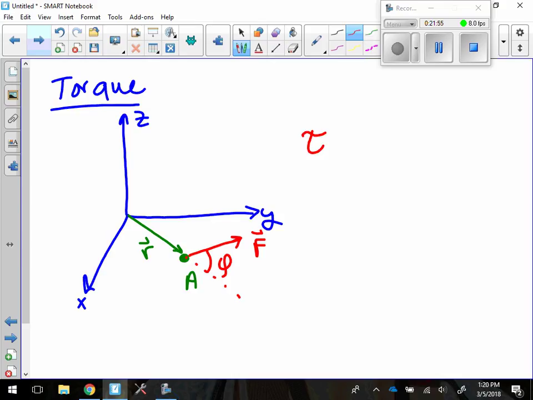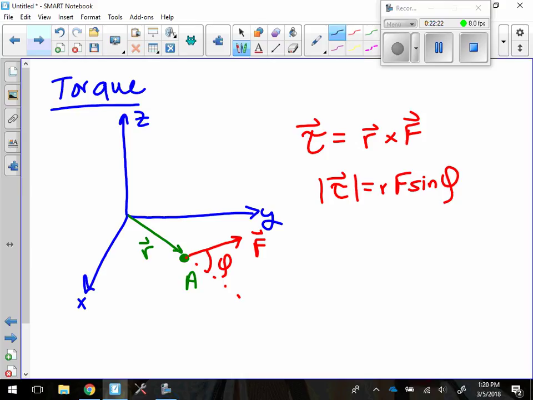And we're going to say that that torque is going to be equal to r cross F. You can still write the magnitude as rF sine phi if it makes you happy, and sometimes it will be useful.